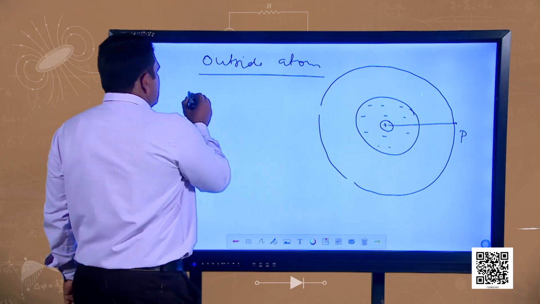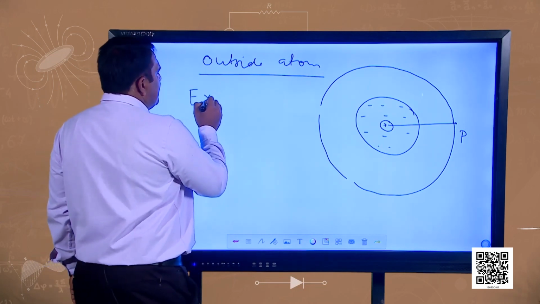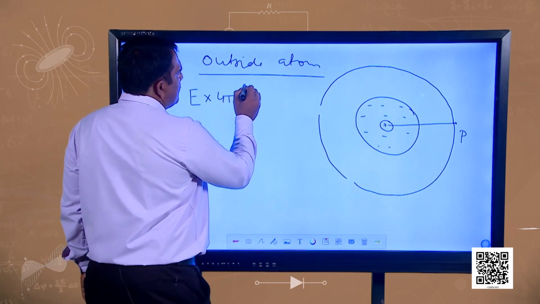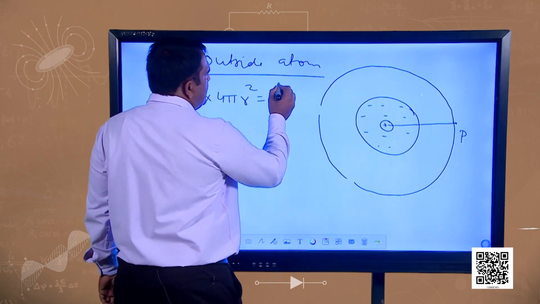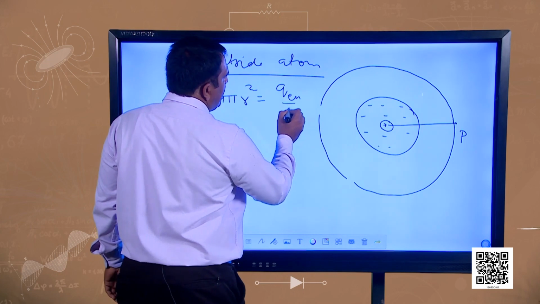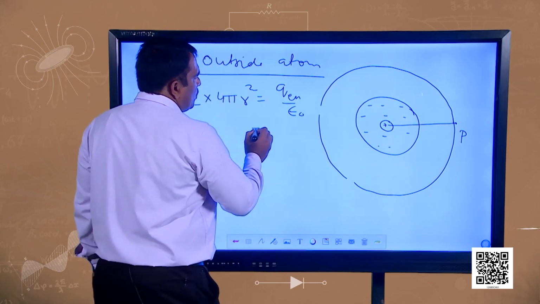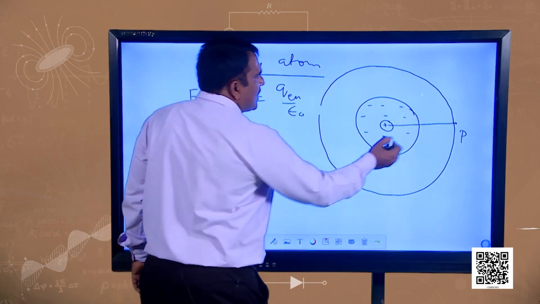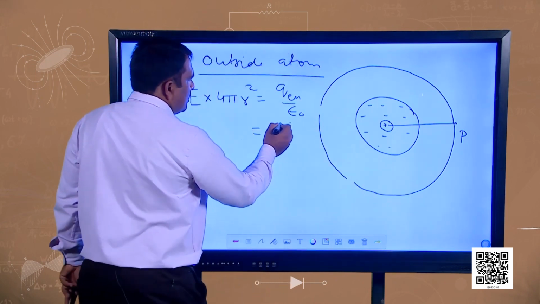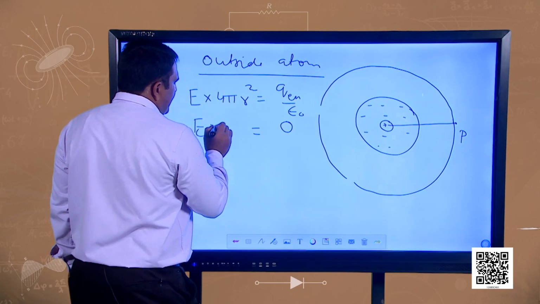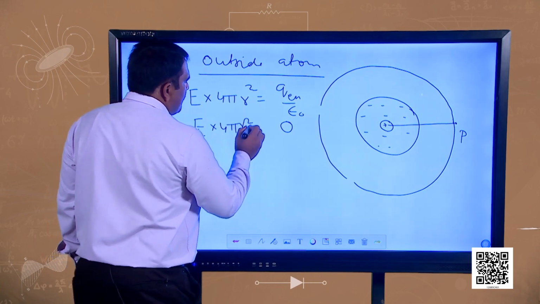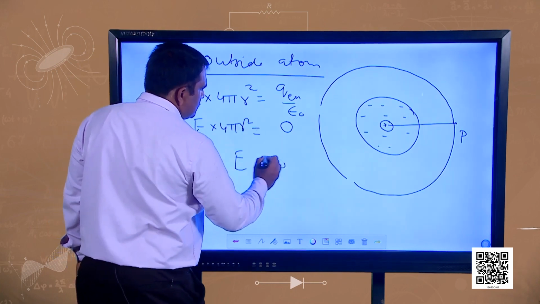Electric flux using the general formula comes out to be E into 4 pi r square, and using Gauss's law electric flux comes out to be charge enclosed divided by epsilon naught. And because in this case the amount of charge enclosed is 0, because the atom is electrically neutral, the electric field outside the atom is 0.